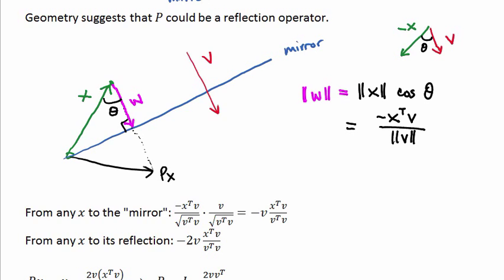So that gives us the length of w, the direction of w, okay, it's a unit vector in the same direction as v.